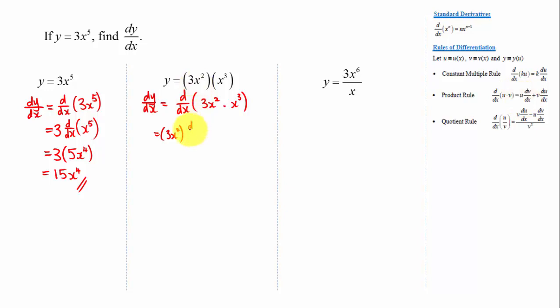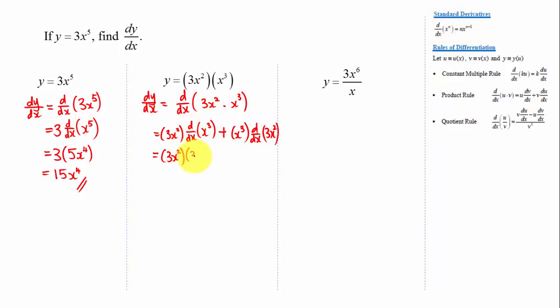This is our v, plus, now I keep v, which is the second expression, x cubed, and I multiply to du dx, which is differentiating the first expression with respect to x. Let's evaluate. Now I want to differentiate x to the power 3. Remember, I can use the power rule, which says I just bring down the power and reduce the power by 1.